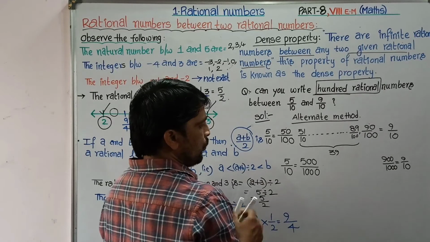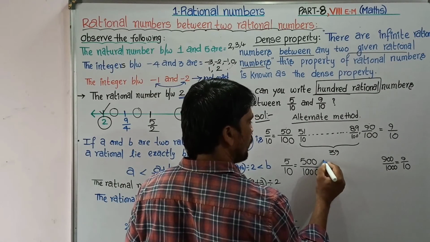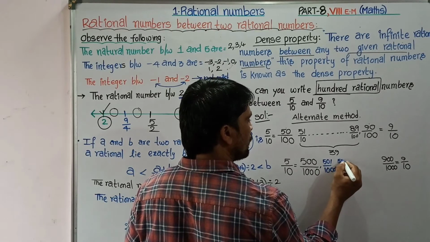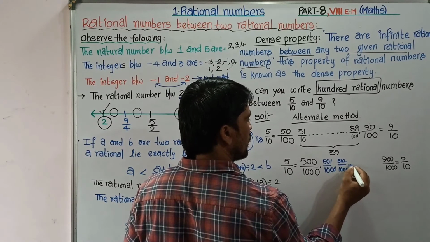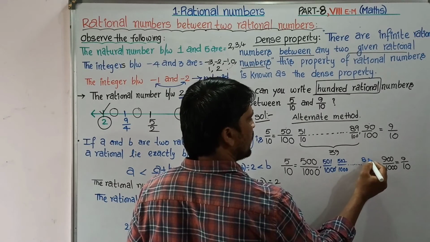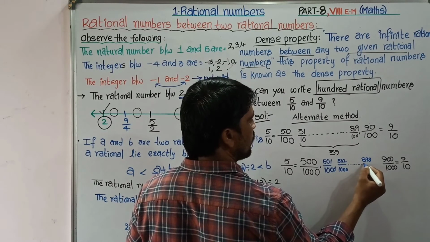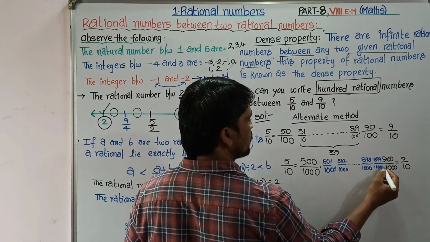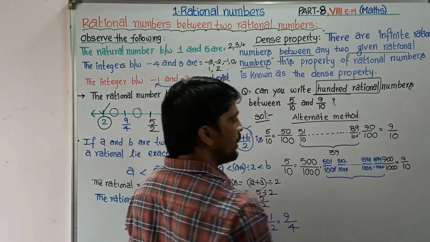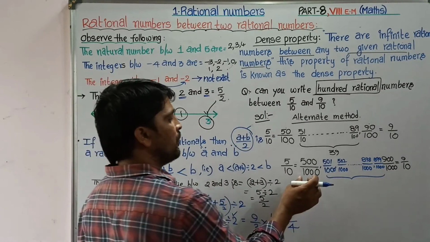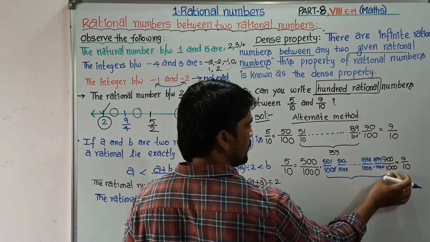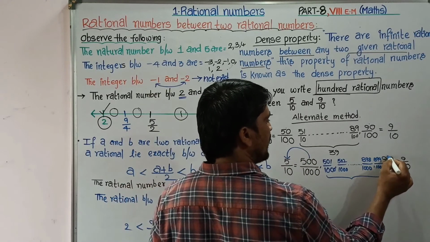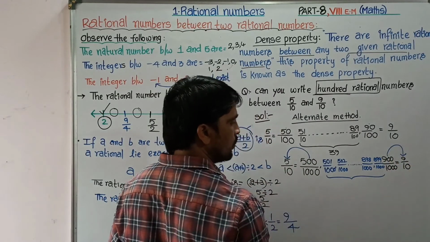Now we can insert 501 by 1000, 502 by 1000, up to 898 by 1000, 899 by 1000. So we can insert 399 rational numbers between 500 by 1000 and 900 by 1000, where 500 by 1000 is equal to 5 by 10 and 900 by 1000 is equal to 9 by 10.